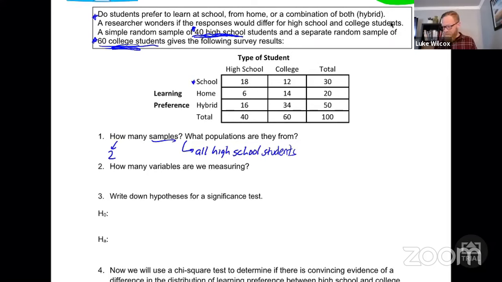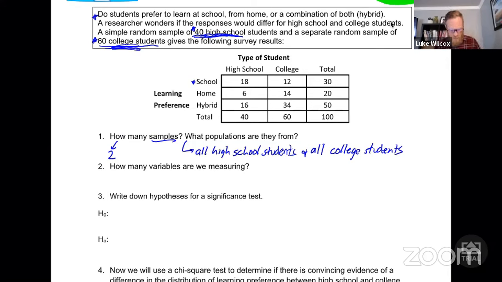So the second population here, I'm going to say is all college students. I do want to just note here that we have two different samples from two different populations, whereas yesterday in the chi-squared goodness of fit, we only had one sample of Reese's Pieces from the population of Reese's Pieces. So that is one difference between the test from yesterday and the test for today.